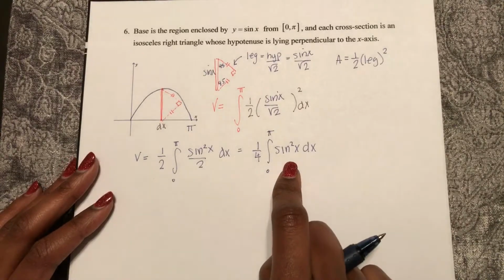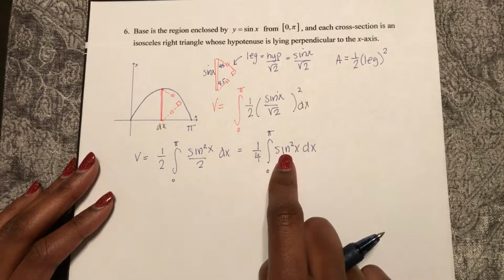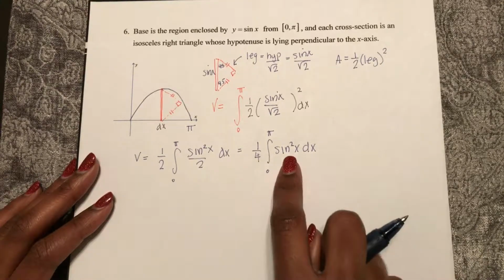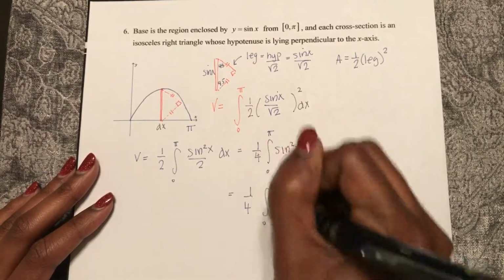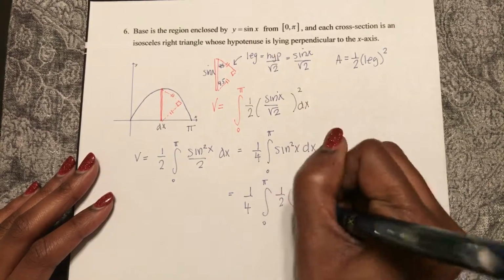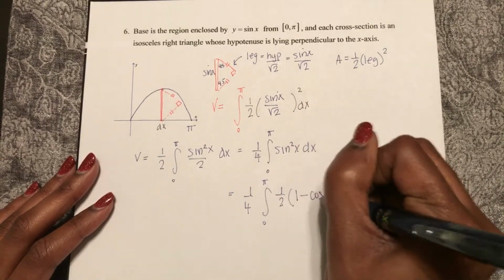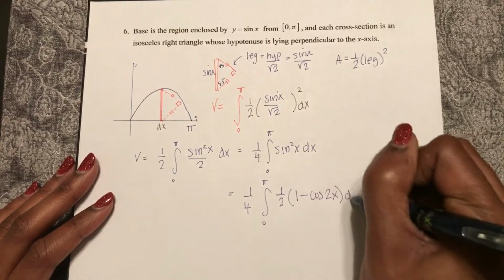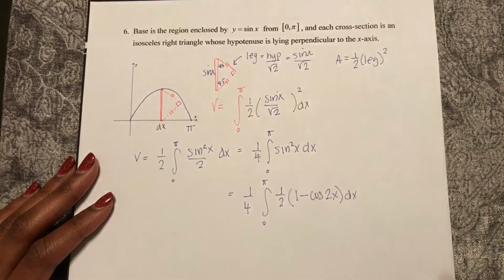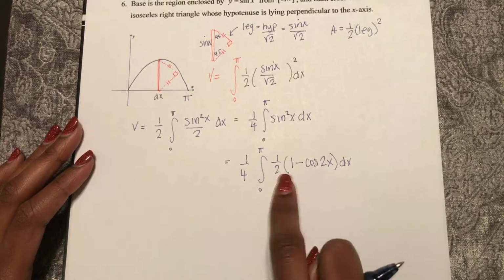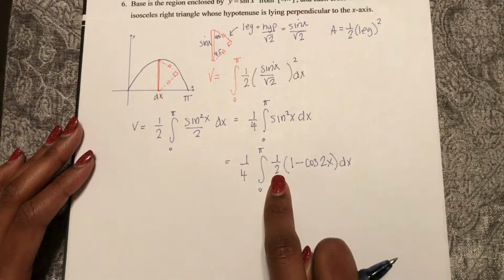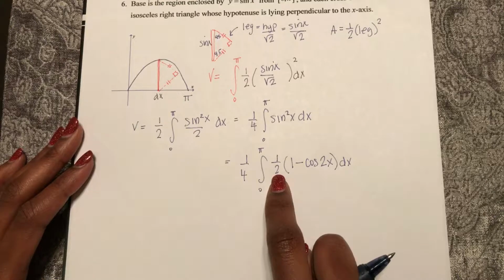Now this is a special integral because we're actually going to need to apply one of our trig identities that hasn't really come up yet so far this year. Sine squared x is the same as 1/2 times 1 minus cosine 2x. So this is a trig identity that we need to know. There's also one for cosine squared.